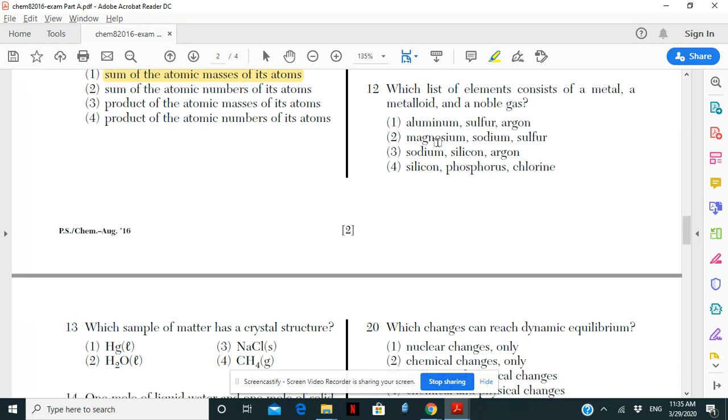So I'm going to the second group. Magnesium is a metal, sodium is a metal, sulfur, no. So sulfur also doesn't work. Now, sodium is a metal, silicon is a metalloid, argon is a noble gas. So the answer is 3.